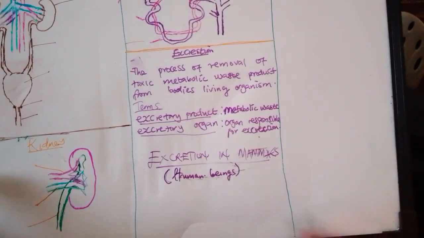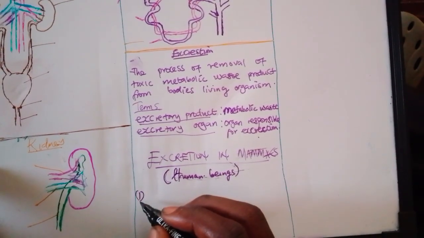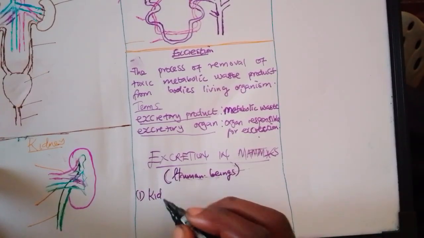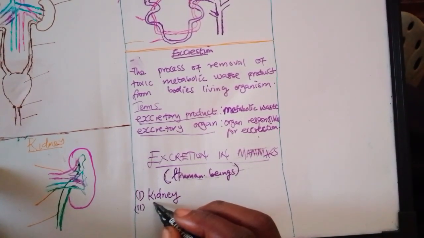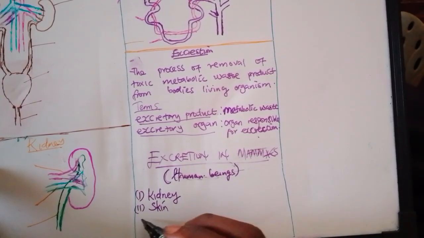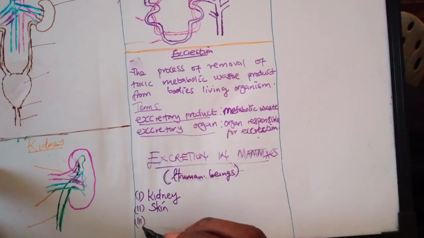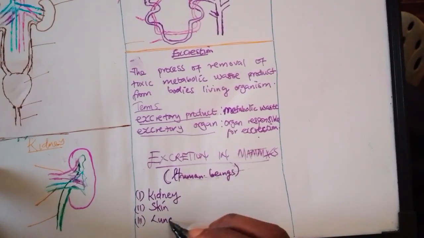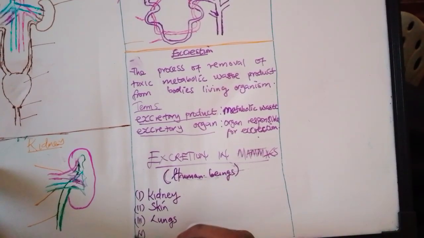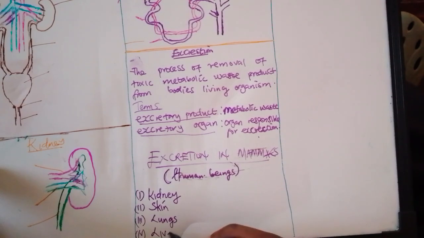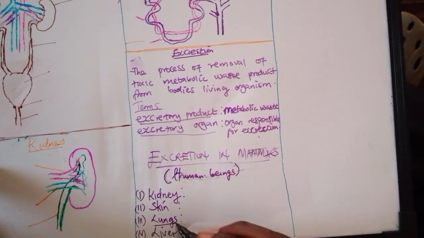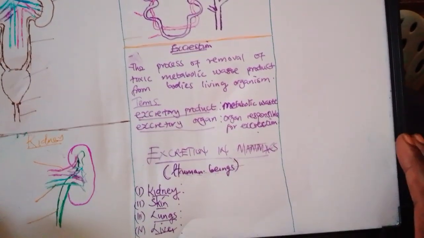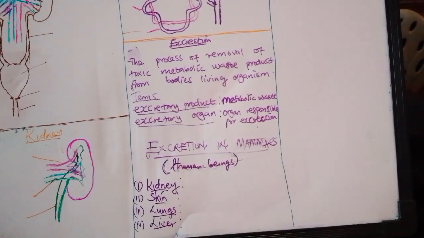Our excretory organs in humans: 1, the kidney. 2, the skin. 3, the lungs. Then 4, the liver. So these are the 4 excretory organs which we are going to look at in this video.